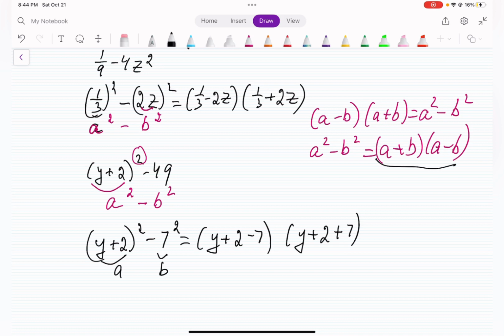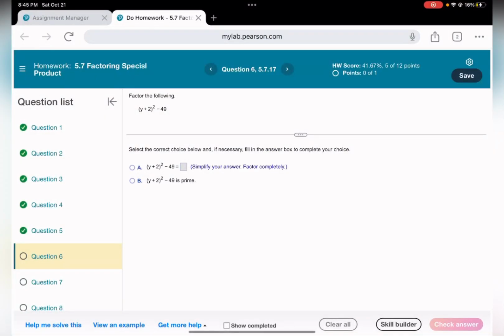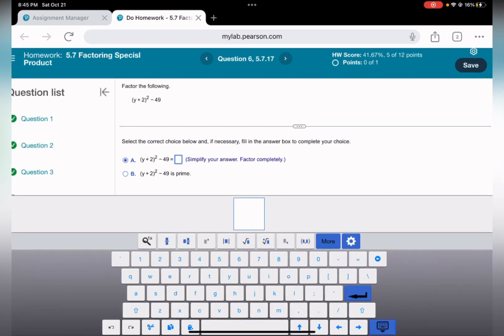And that is giving me y minus 5 times y plus 9. Okay? So open parenthesis. y minus 5, y plus 9.